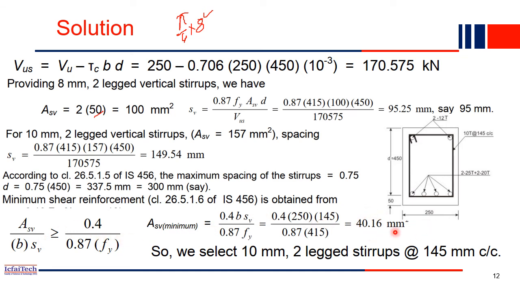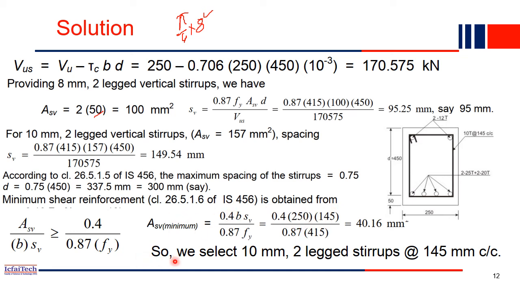So minimum you have to provide 40.16 mm square. But how much are we providing? We are providing 157 mm square, which is obviously more than the minimum. So this check is also done.